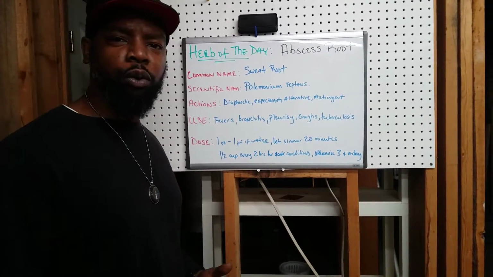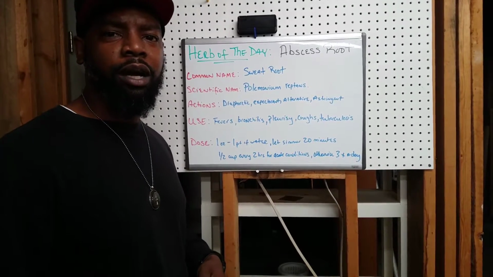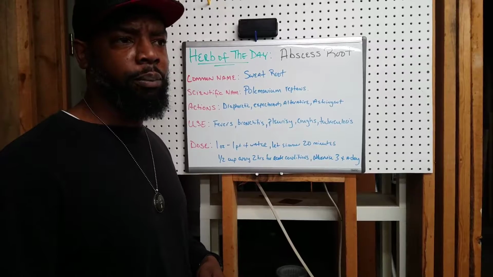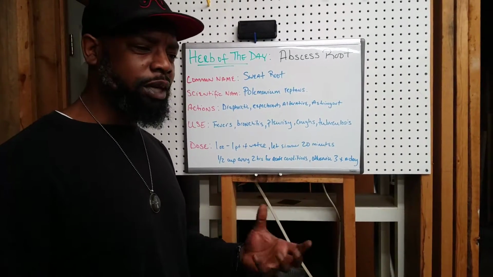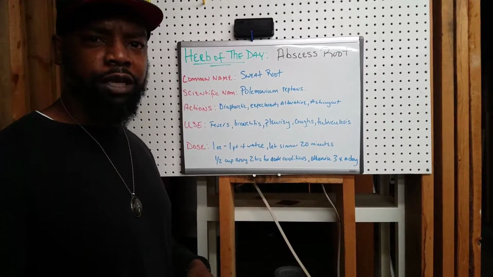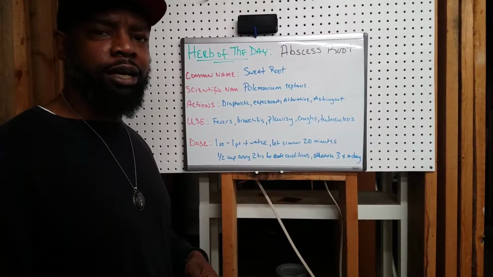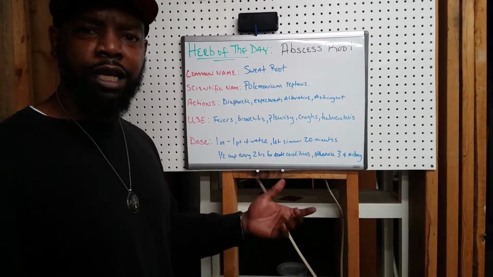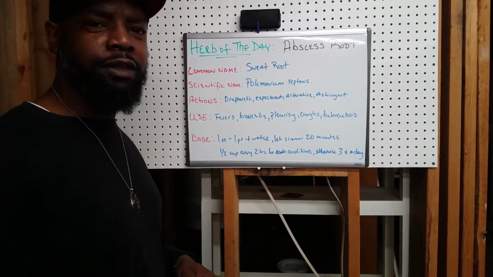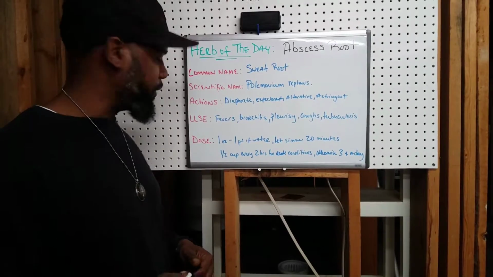Anytime you're dealing with roots, you want to let them simmer on the stove. You want them to boil and simmer for about 10 to 20 minutes. That really brings the medicinal properties out of the roots. When you're dealing with loose leaf tea, you can put a little hot water over that like you do your normal tea bags, and that'll suffice. All you need for a loose leaf tea is about 5 to 10 minutes, okay?